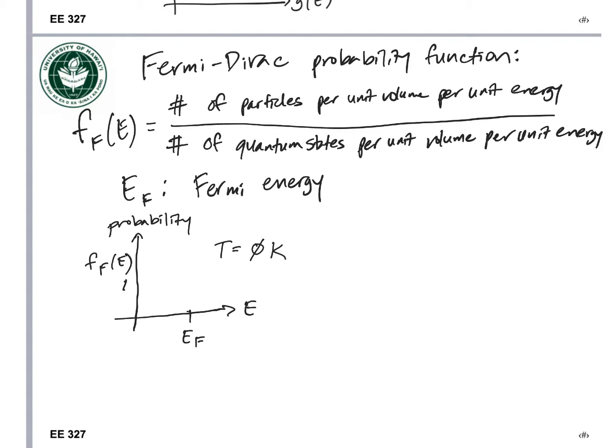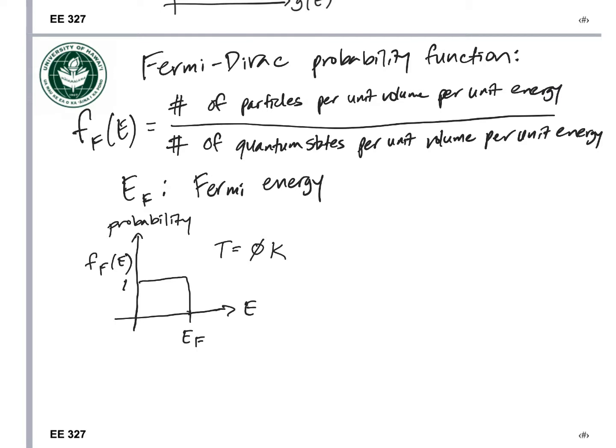So the probability is 1 all the way to EF. Your electrons are all going to be at some energy level below the Fermi energy. This is what our Fermi-Dirac probability function looks like for 0 Kelvin.